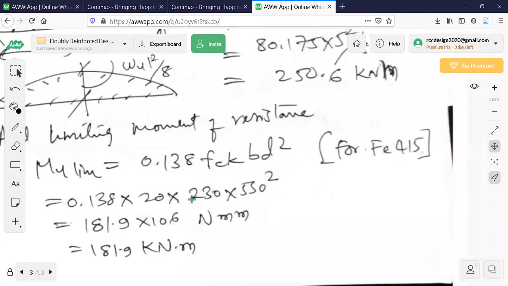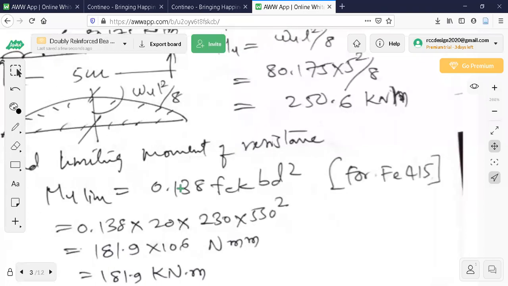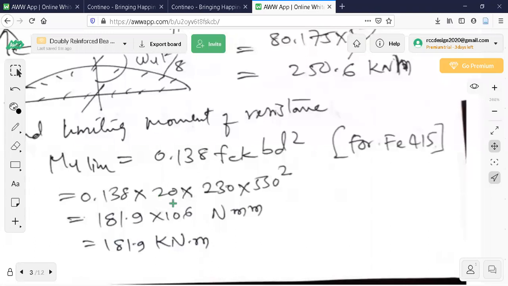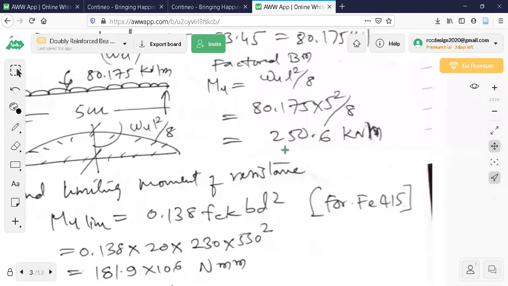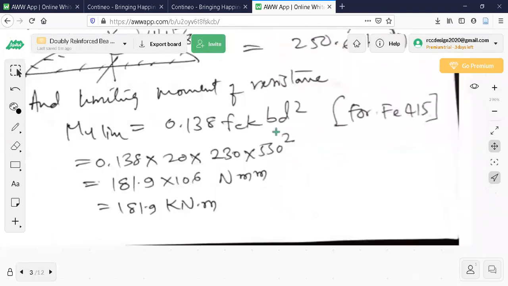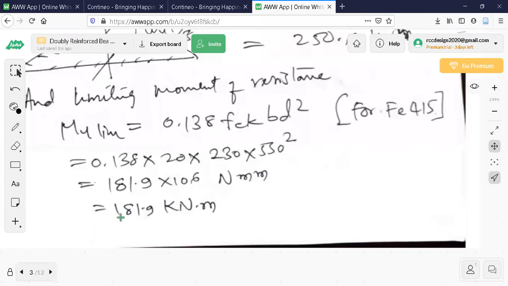Now you can see here, in the problem, dimensions are already given, you cannot change them. Now 181.9 versus this 250.6. So actually the beam is subjected to a bending moment which is more than that can be resisted by a balanced section.